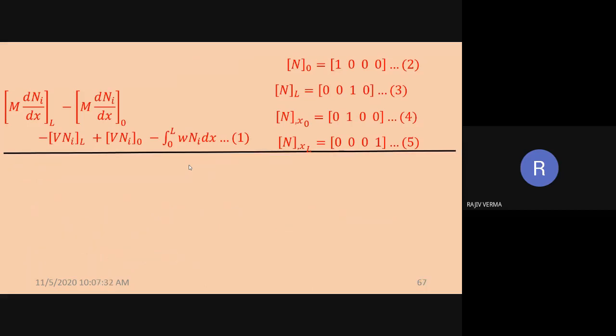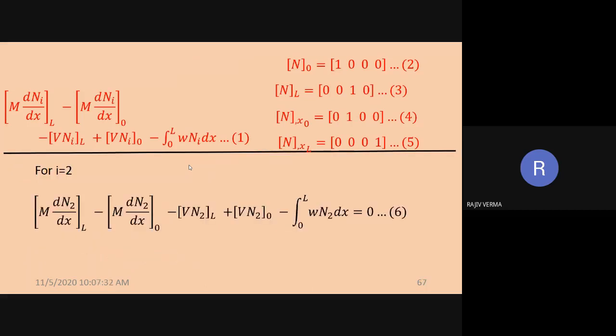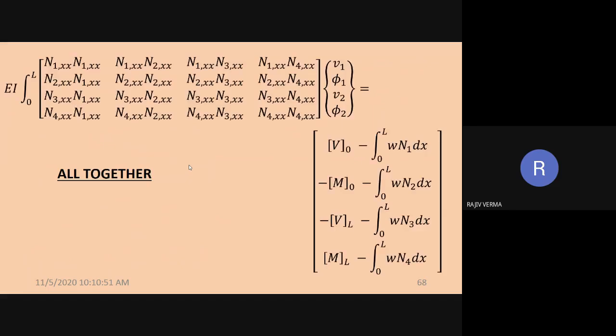And following the same steps, you get the equivalent expressions for i equal to 2, i equal to 3, and i equal to 4. And keeping all these terms together, that is placing the left hand sides and the right hand sides all together, you get the equation on display.